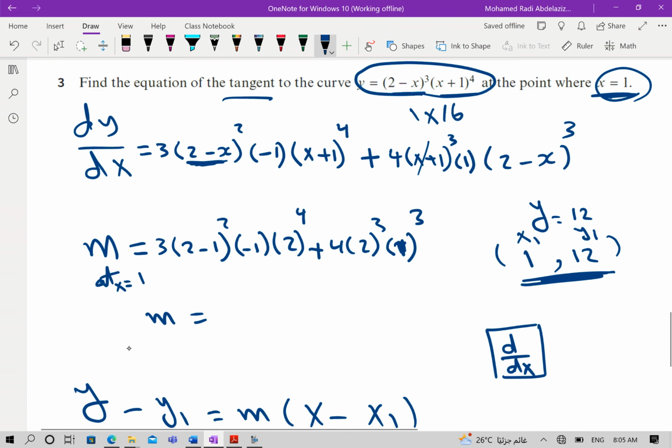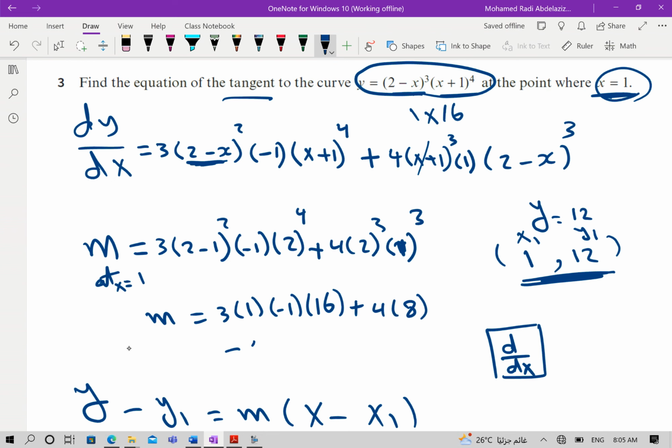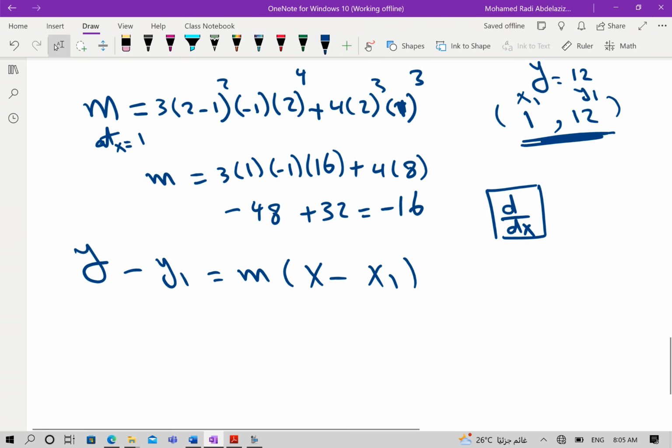Minus 16, since 3 times 1 squared is 1, then minus 1, then 16, plus 4 times 8. So the answer is negative 48 plus 32. The answer is negative 16.